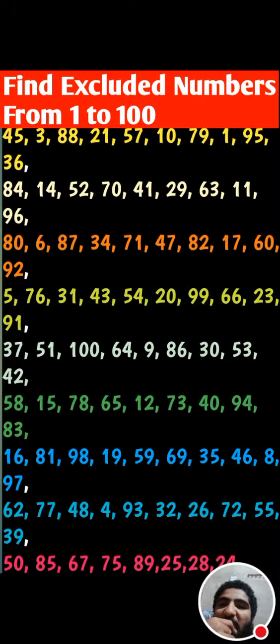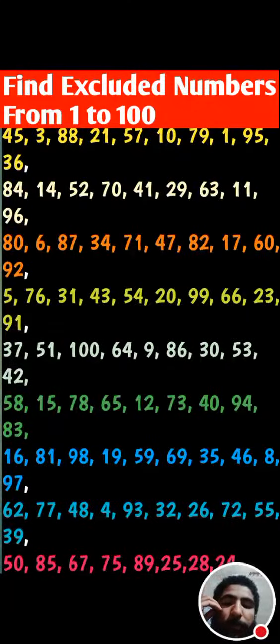So we have to find the number 6. When we see the second number of the 5th row from the top, the second position is number 6.